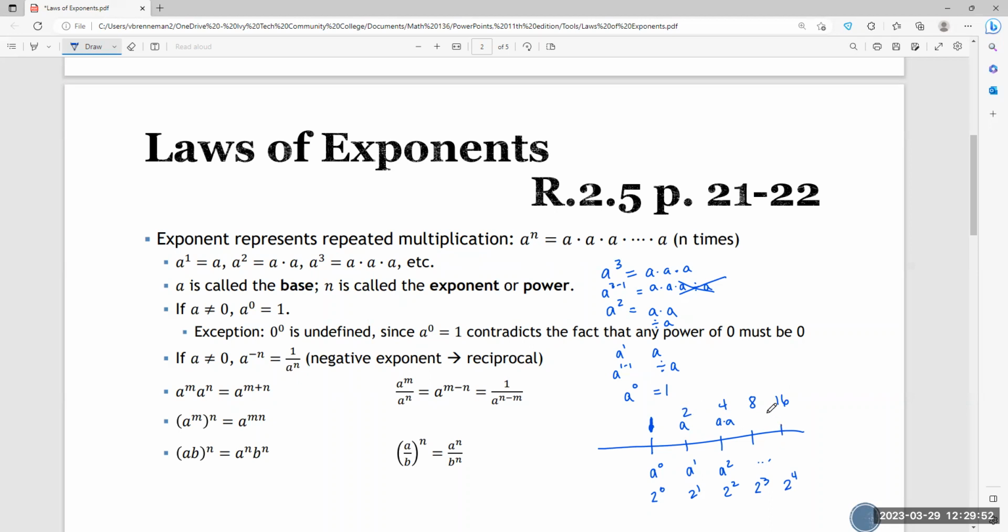What happens then if we follow this pattern on from A to the 0 and go to negative 1? We have 0, 1, 2 to the right, 0, then negative 1, negative 2, etc. to the left.